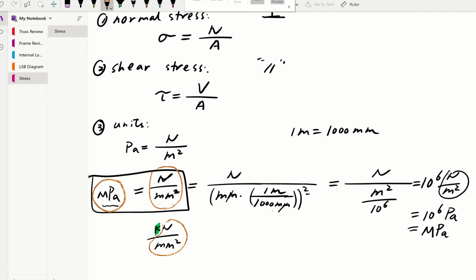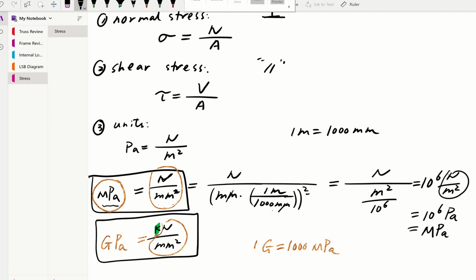So what is kilo times megapascal? That's 1,000 times megapascal. That's right. It's going to give us gigapascal, because 1 giga is equal to 1,000 megapascal. So that's another important unit.